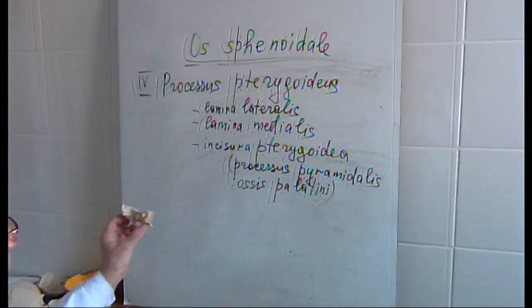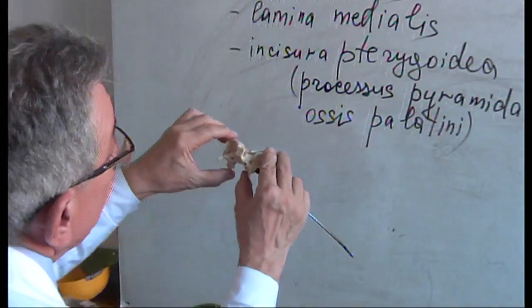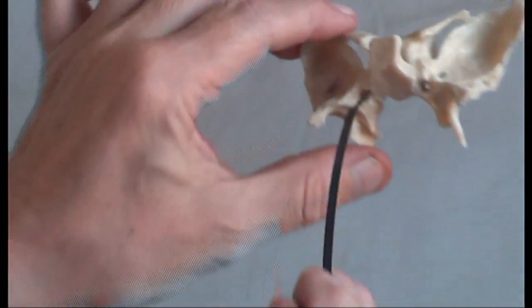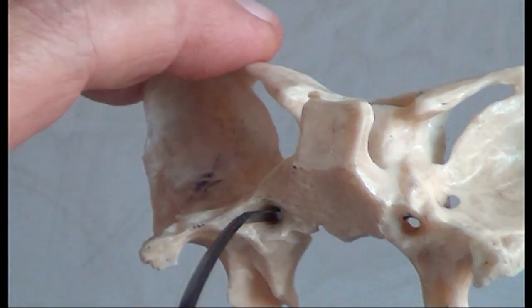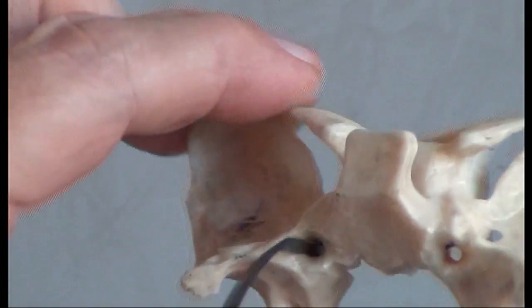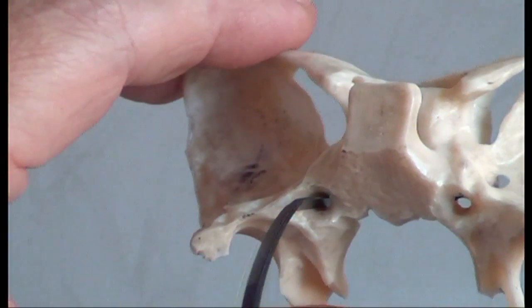And a very important structure we should demonstrate now is canalis pterygoidus.